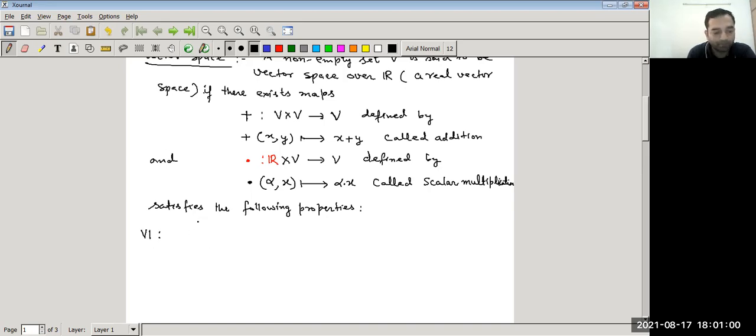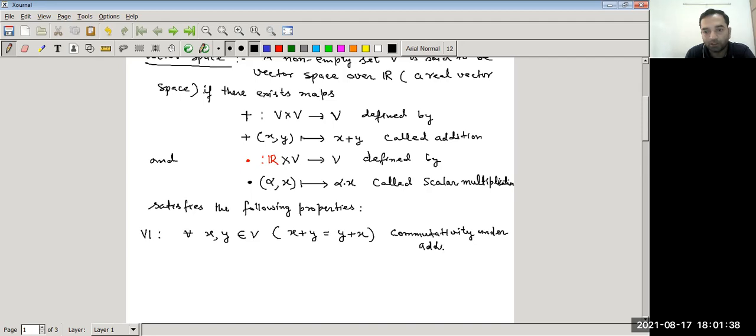V1 is: for all x, y belongs to V, and I use this bracket to represent such that, x plus y is equal to y plus x. So we call this commutativity under addition.